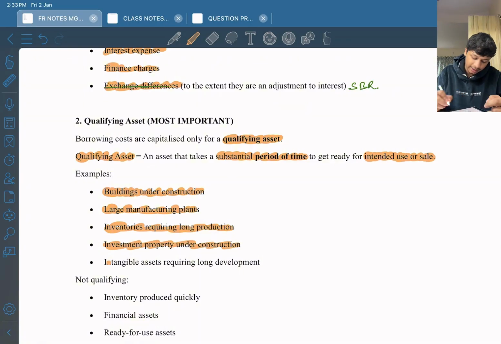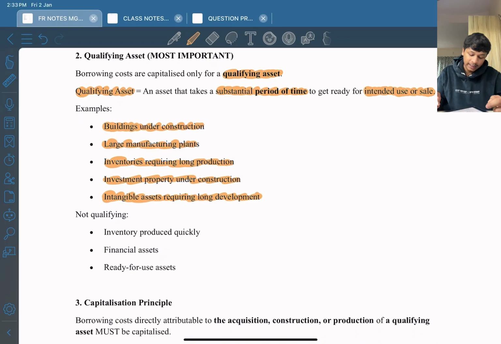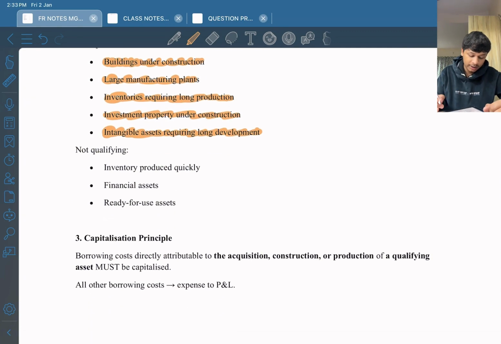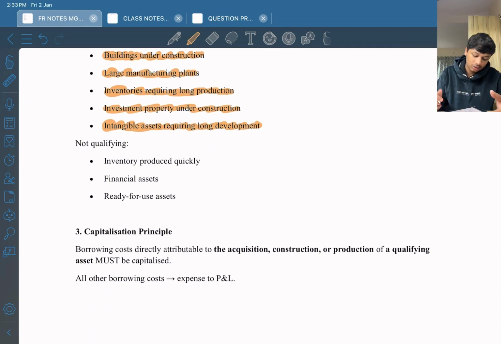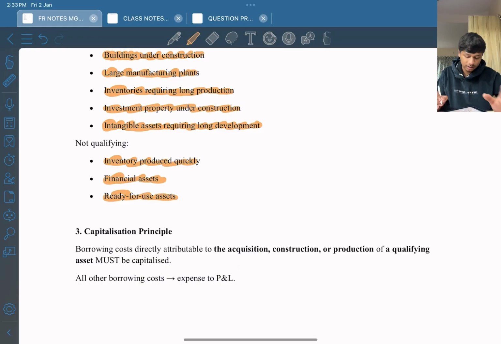All the assets which take a long time to be developed are known as qualifying assets. Intangible assets requiring long development are also qualifying assets. Not qualifying assets are inventory produced quickly, financial assets, and ready-for-use assets. These do not qualify for the capitalization of borrowing cost.